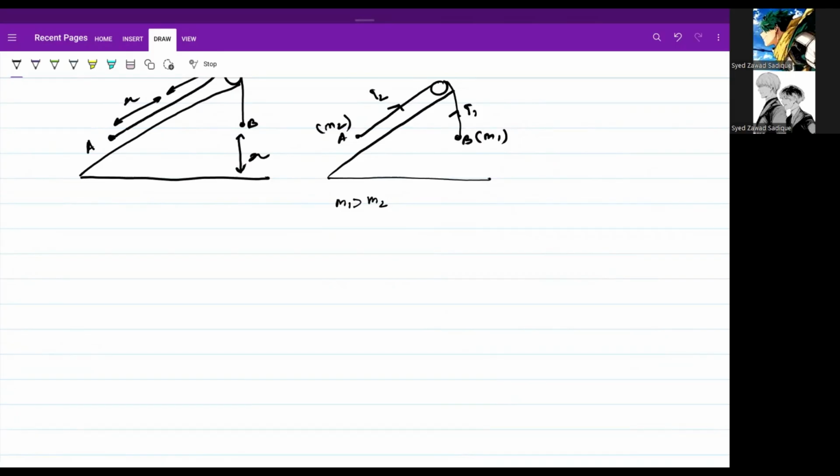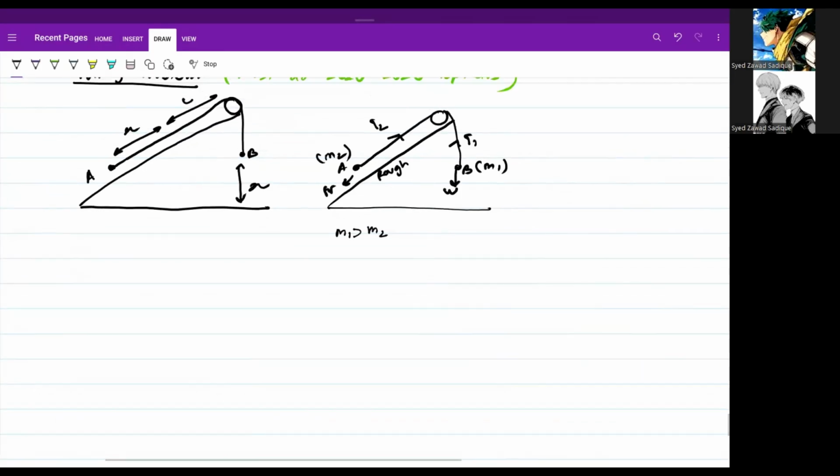And of course, this might have friction. So this is friction. If it's smooth, then there is no friction. But again, I'm calling this a rough plane because more variables will help you understand better.